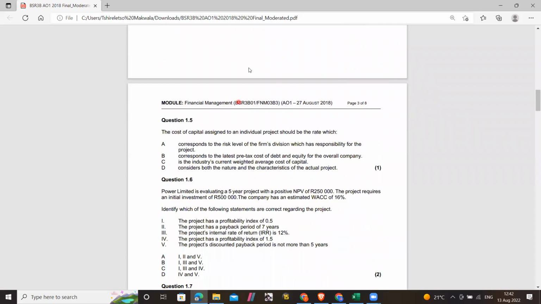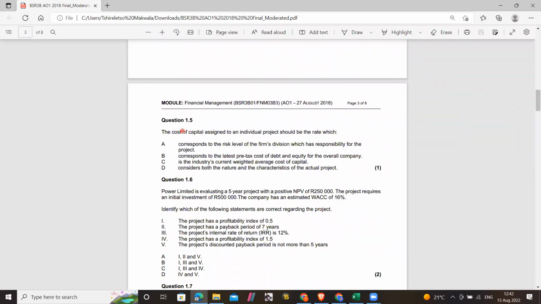So we can continue. Now, question 1.5 says the cost of capital assigned to an individual project should be the rate which corresponds to the level of risk of the firm's division which has responsibility for the project, right?